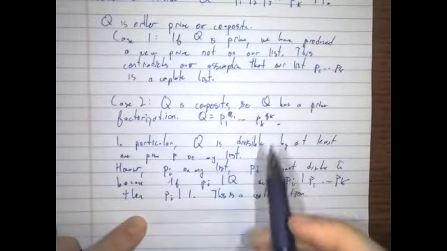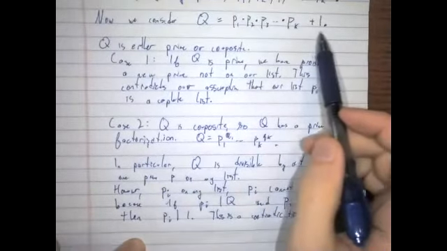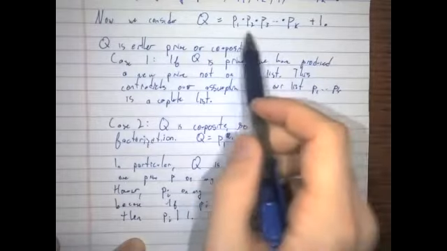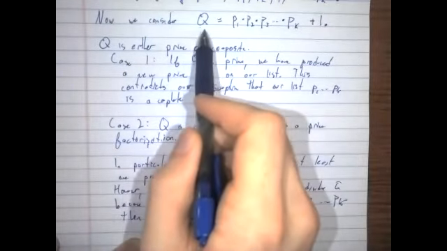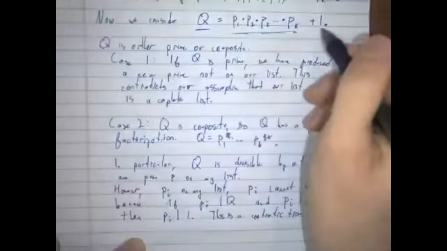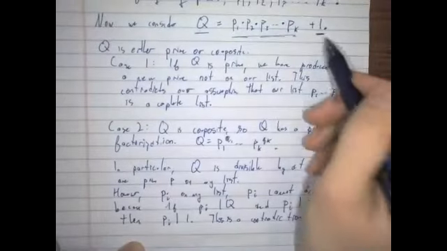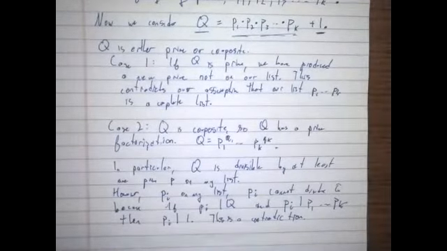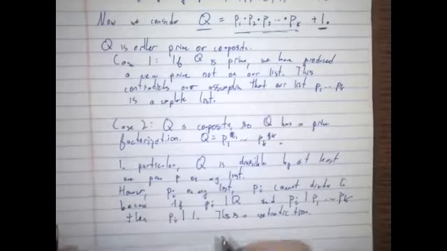So this 1 is around to say that if any of these primes divided Q, then it would have to, since it divides this term and it divides this term, it must divide this term, but no prime divides 1. Right?